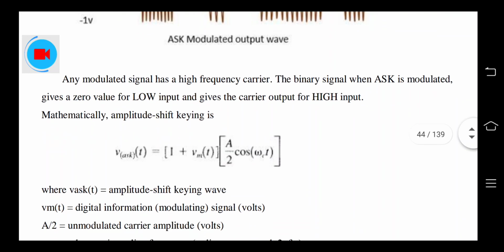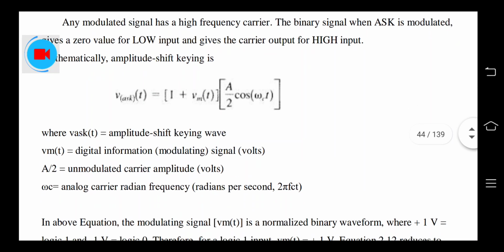This is the equation of the modulated signal with a high frequency carrier. When ASK is modulated with a binary signal, a 0 value gives low input and the carrier output appears for high input.